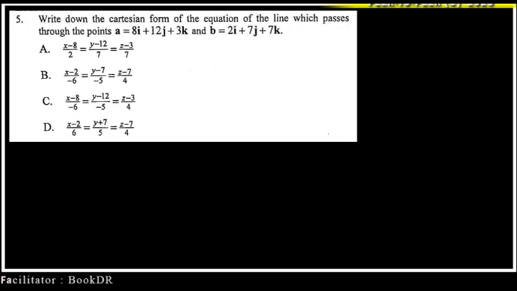Let's look at some examples on this concept. We have to write down the Cartesian form of the equation of the line which passes through the points A, 8i plus 12j plus 3k, and B is equal to 2i plus 7j plus 7k.